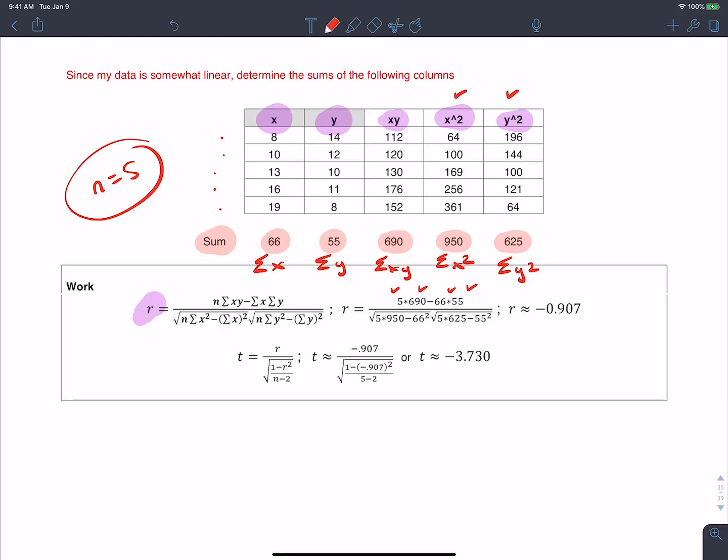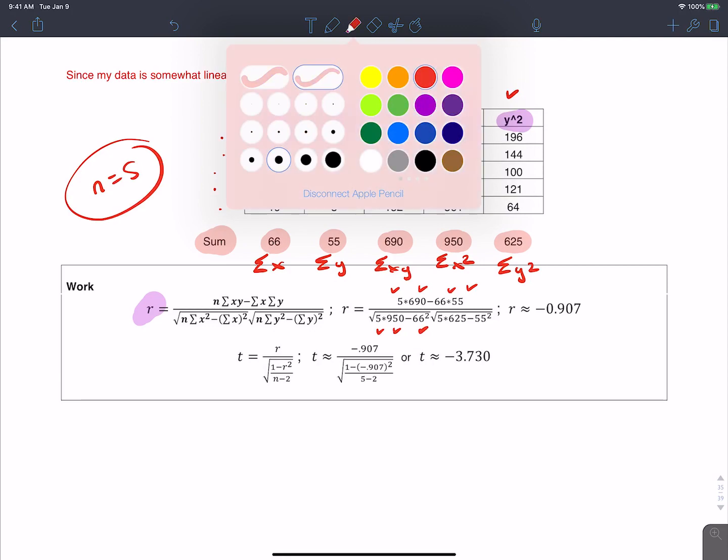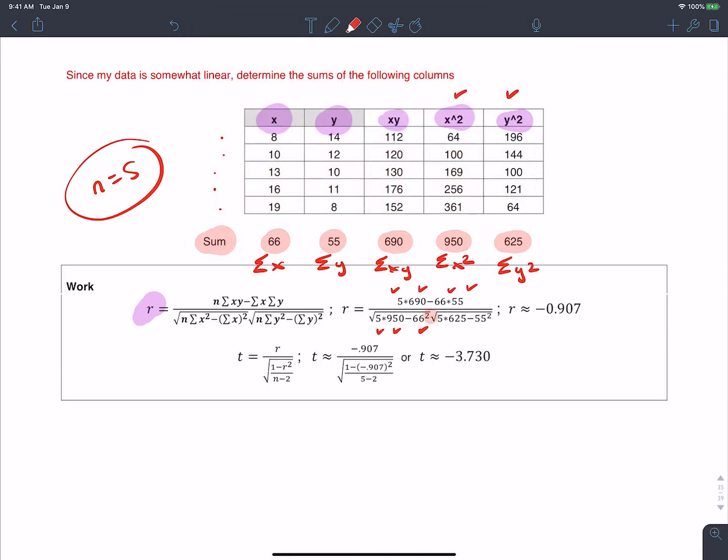Now divided by 2 radicals. So again, we have 5, and then sum x squared was 950. Good. Minus sum x to the second power. So there's a 66 here. And don't forget that the power down here is 2. Okay, so we have that power down there too. Let's put it in red here. And then let's double check if we have 5 again.